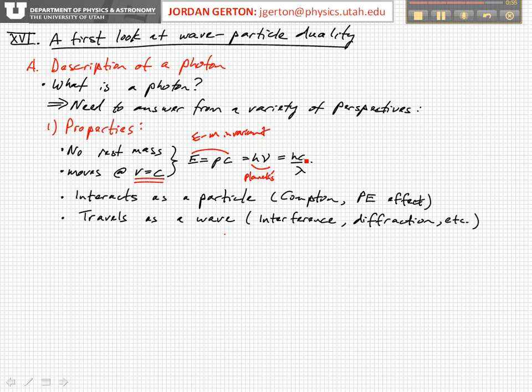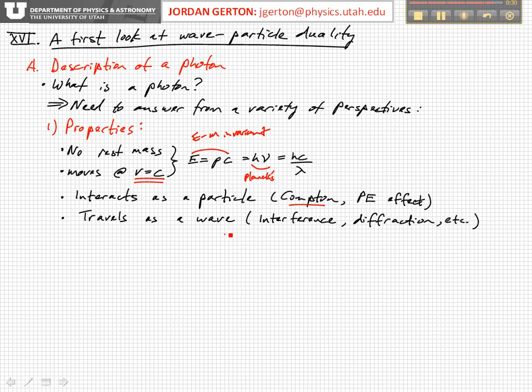We also know that, at least under some conditions, the photon interacts as a particle. We've talked about Compton scattering and the photoelectric effect, for example, that reveal a particle-like behavior. But we also know, although we haven't shown it directly, but we will be talking about it today, that light also travels as a wave.